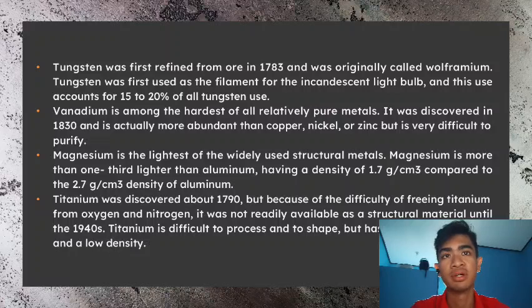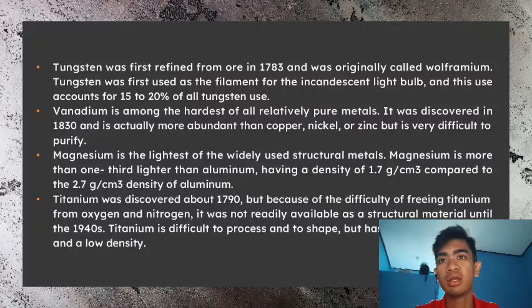Magnesium, however, can ignite very readily when finely divided and is actually used in flash and other pyrotechnic devices. Like many other metals, magnesium is rarely used for structural purposes in its pure form, but becomes a useful structural material when alloyed with aluminum, manganese, or zinc.